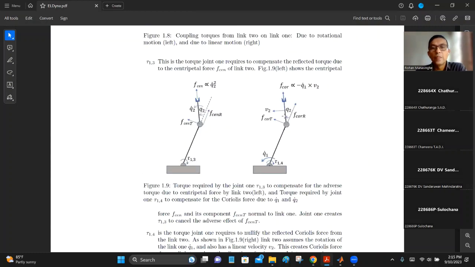That one over here, link is moving at q2 dot, and the distance is L2 by 2. So this distance times angular speed, that is a linear velocity. So L2 by 2 times q2 dot is v2, linear velocity, times q1 dot. And then you get the sine also, sine q2, and multiply with the length distance. So you generate that kind of torque.